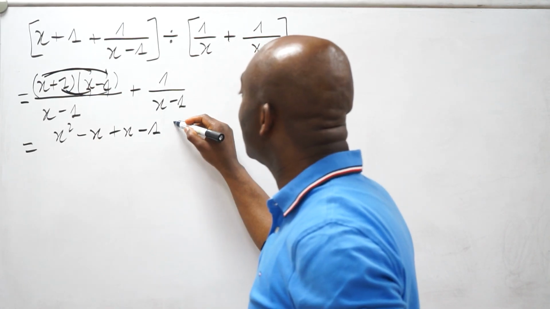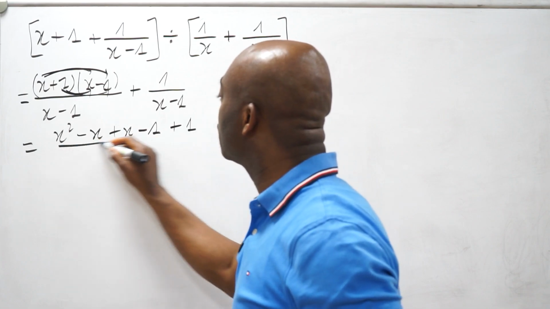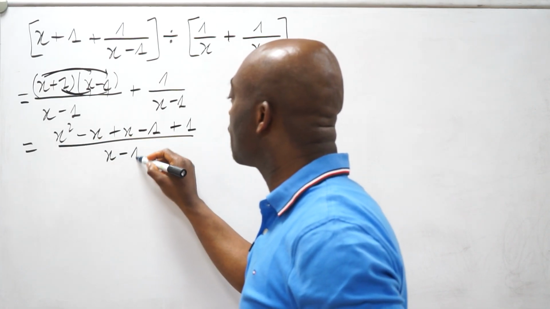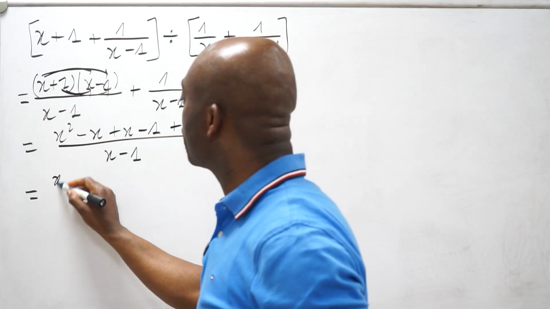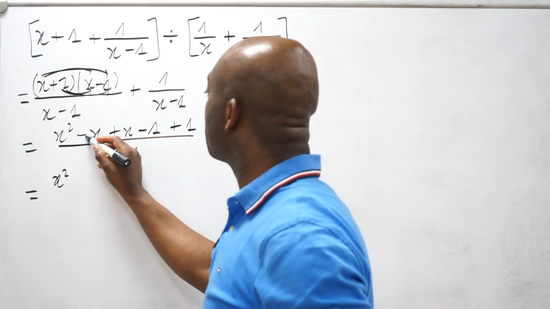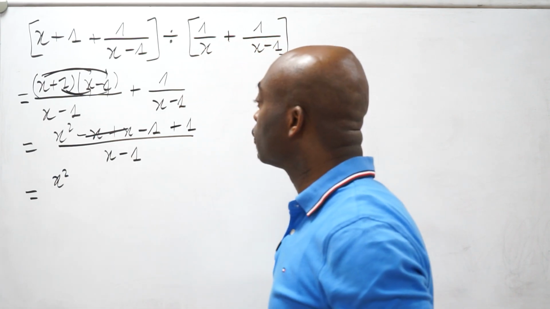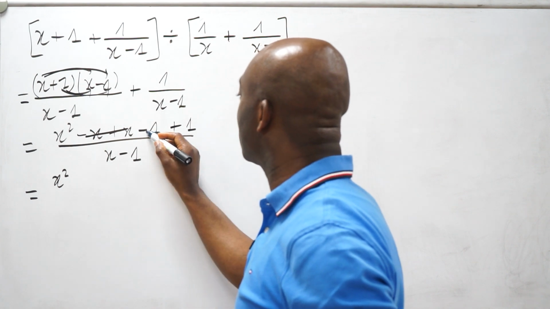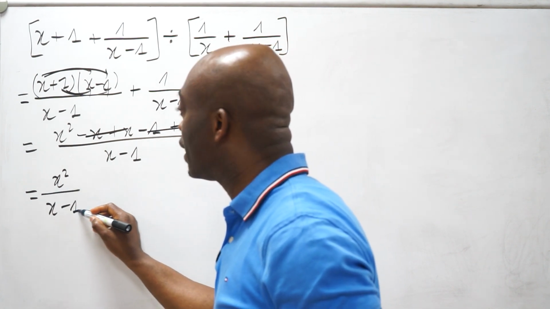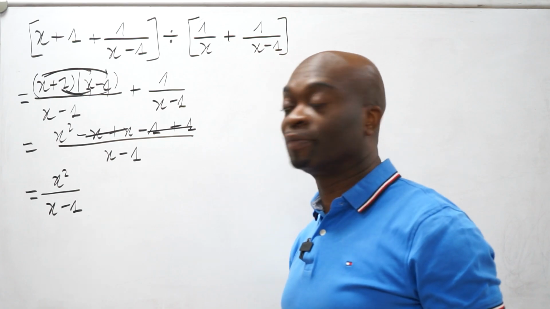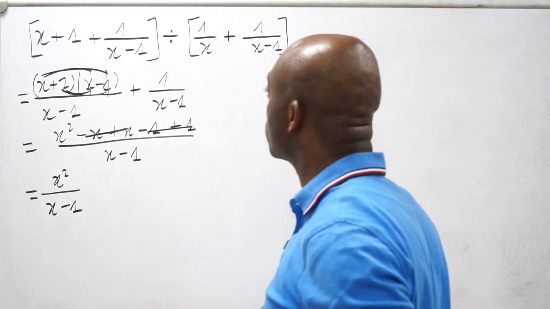Then plus 1 on top, the whole over x - 1. So we have x squared, these two cancel out, and negative 1 plus 1 also cancels out. So that is x squared over x - 1. That's what we have for the first one.